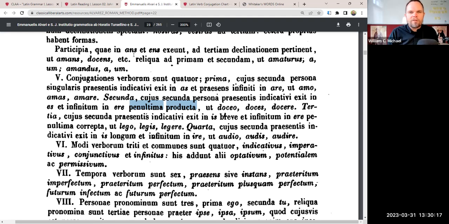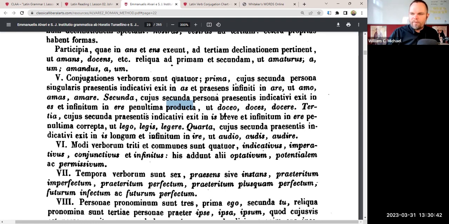So penultima is shortened from pene ultima, almost last, second to last. And producta, you may think, oh, that looks like the word product, but it has absolutely nothing to do with the English word product, so don't think that. Producta means led forth, and what that means is long. It's a long syllable, okay?